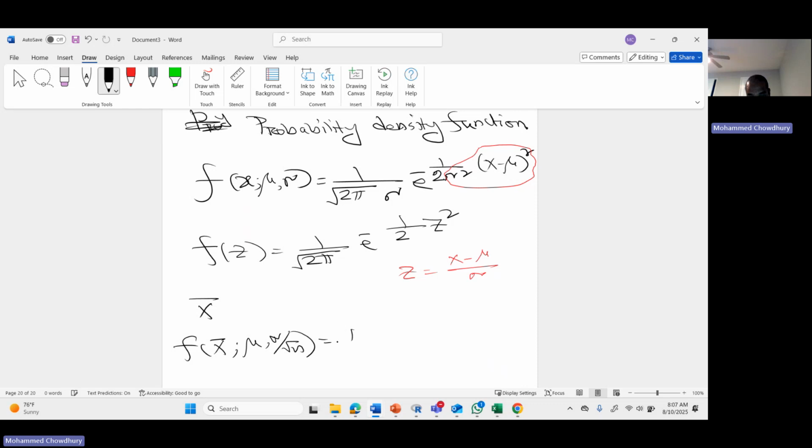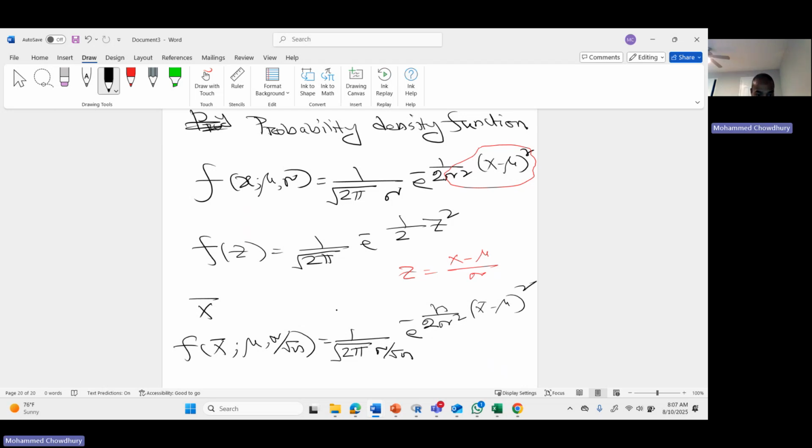It is written as 1 over square root of twice pi, sigma over square root of n, and e to the power minus n over 2 sigma square, and then x bar minus mu square.